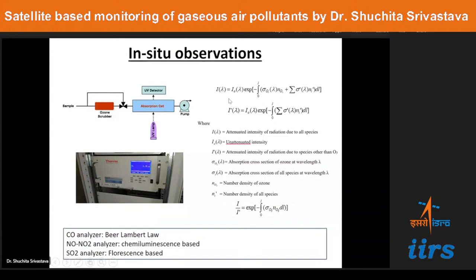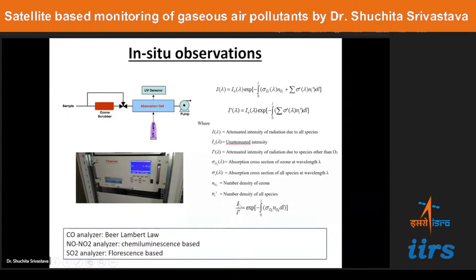Now, if we take the ratio of these two, I by I dash, it will be equal to exponential minus integral 0 to L of sigma ozone times number density of ozone dl. The effect of the interfering species will be cancelled out. For the first 10 seconds our UV detector is measuring I. For the next 10 seconds it is measuring I dash, right?